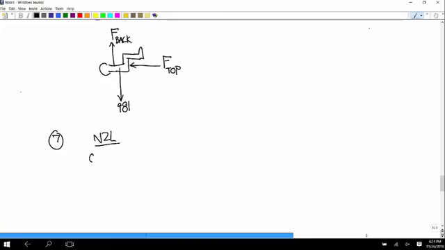We have a downward force, 0, negative 981. The force from the top of the chair is in the negative x direction, so that's negative F top, 0.